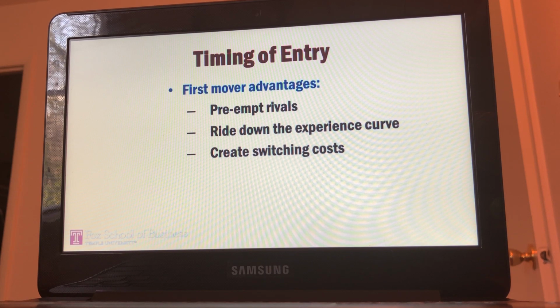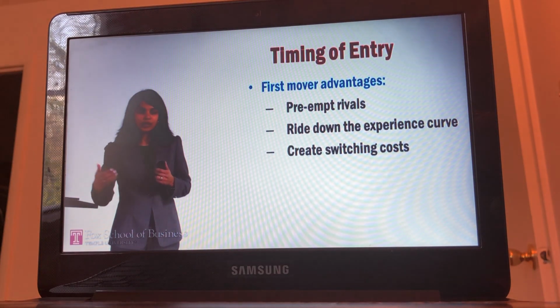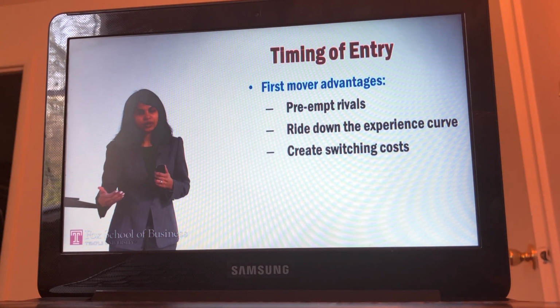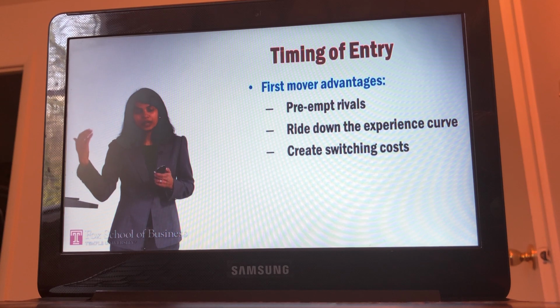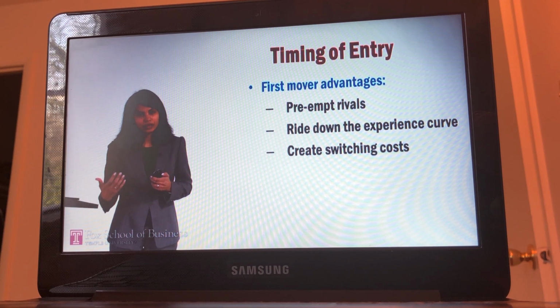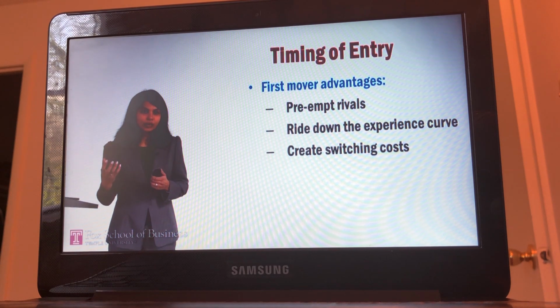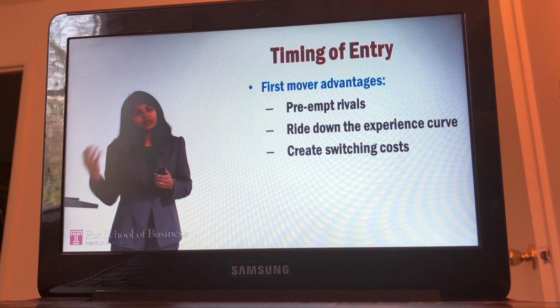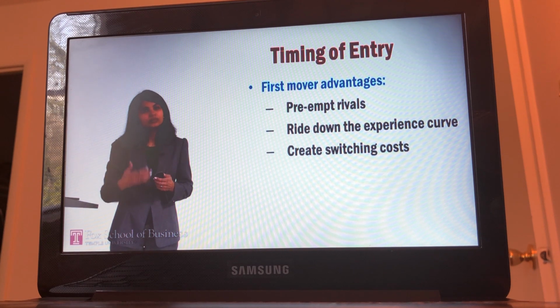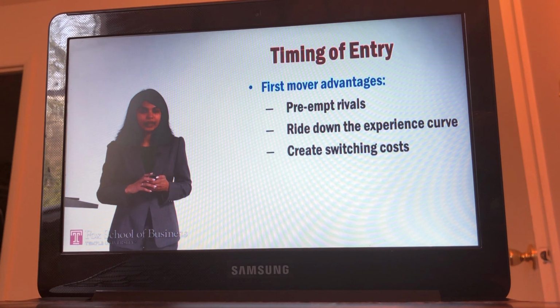If a firm is an early entrant in a market, there are certain advantages known as first mover advantages. Because this is the first firm to enter this market, it will be able to capture the market fairly quickly, ride down the experience curve, hence lower its cost, and create a brand equity which would be very difficult for other late entrants to break through.